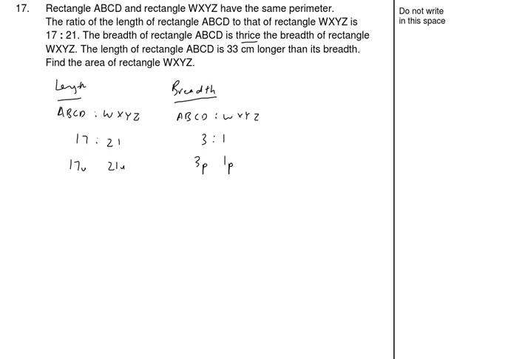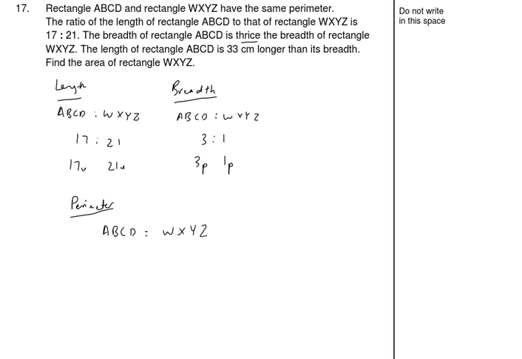Alright. So now we know that the condition states that rectangle ABCD and rectangle WXYZ have the same perimeter, correct or wrong? In other words, if I want to find the perimeter of ABCD, now I'm looking at perimeter. Perimeter of ABCD is equals to WXYZ.